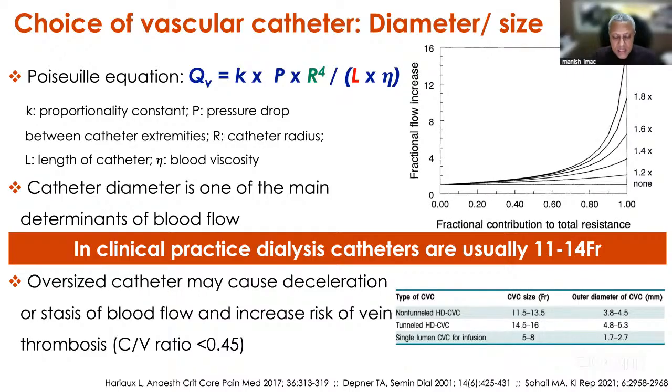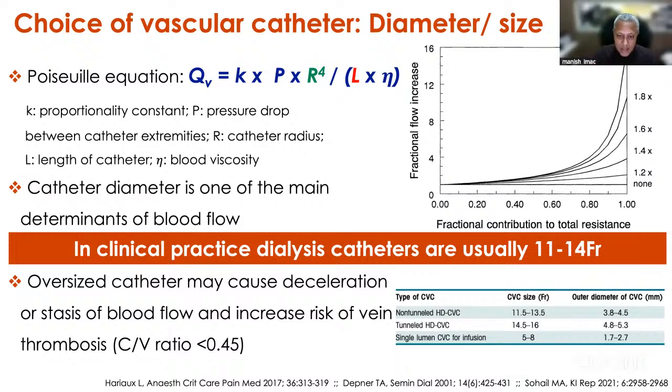Now, as tempting as it would be to use the largest diameter catheters possible, we also need to be aware of the ratio between the diameter of the central vein lumen and the diameter of the catheter.